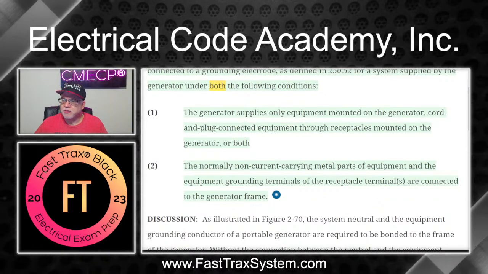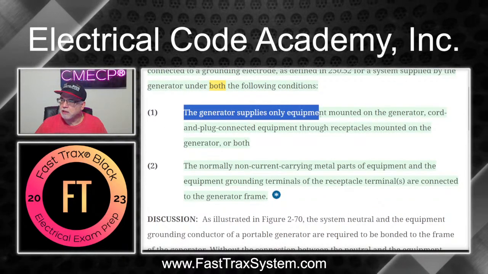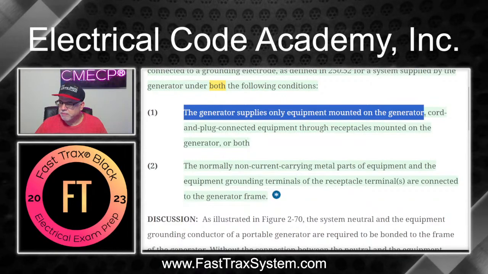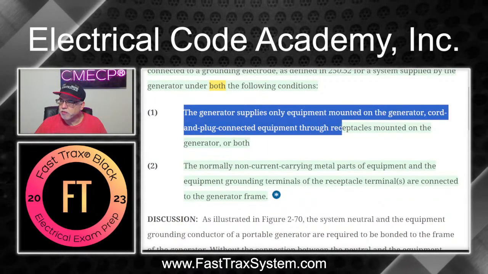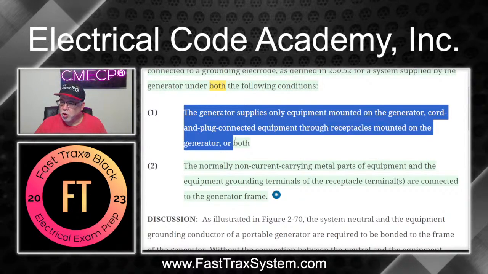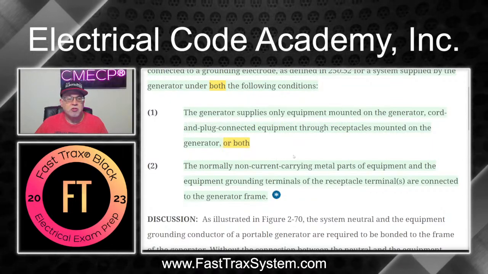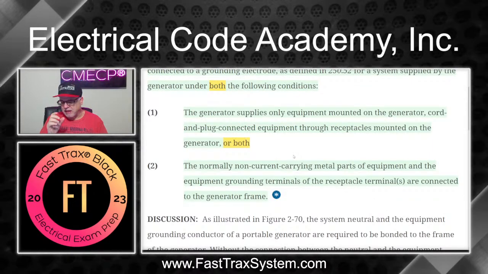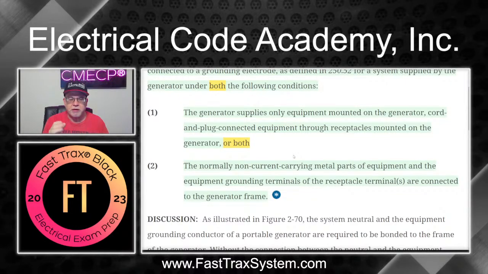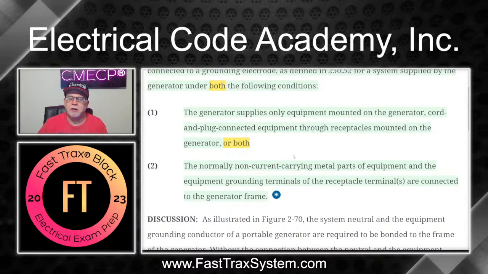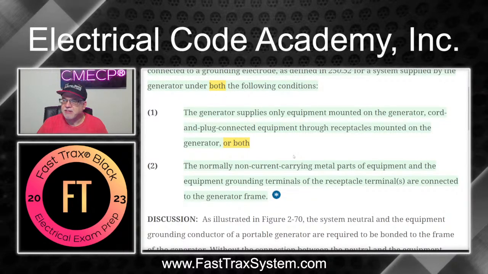The first one is the generator supplies only equipment mounted on the generator, cord and plug connected equipment through receptacles mounted on the generator, or both. All right, so what's important to this one, to me, is the "or both." So if I have a portable generator that's got receptacles built into the generator, which is typical of a portable generator, then I do not have to have a grounding electrode system for this generator.